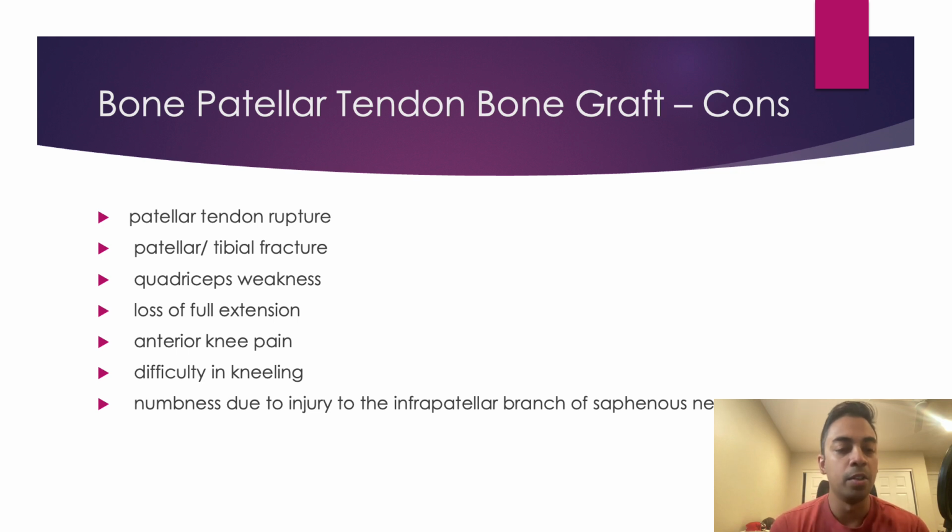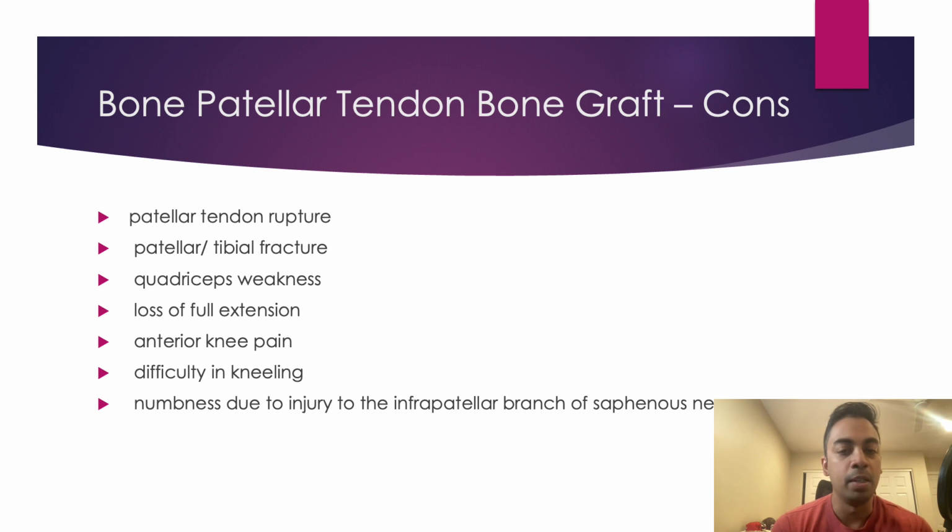As I discussed earlier, nothing is free when we do ACL reconstructions. Some of the cons with the bone patellar tendon bone autograft are that, because you are harvesting a portion of the patella as well as the patellar tendon, there's a risk of patellar tendon rupture as well as patella fracture.